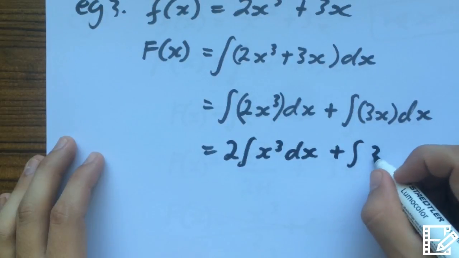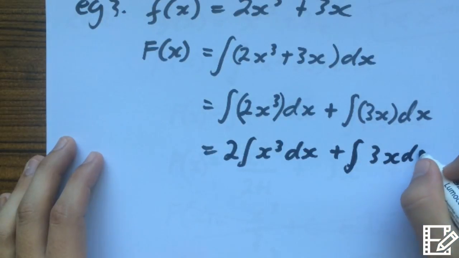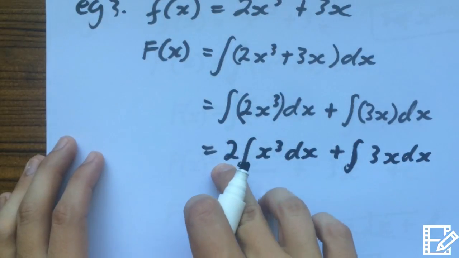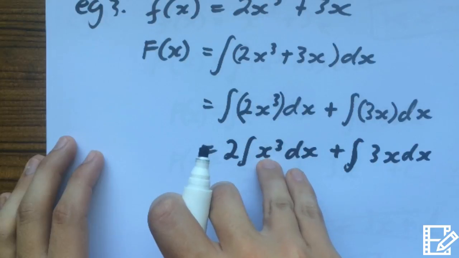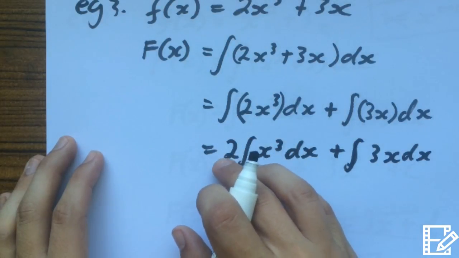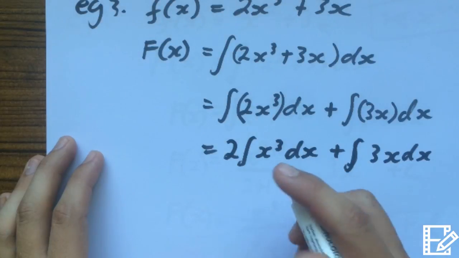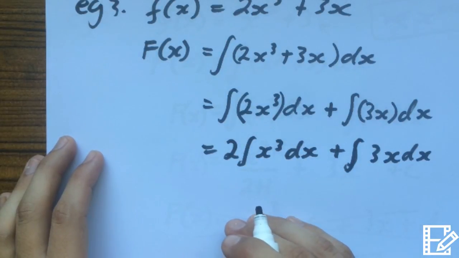And it will look like this. Because we don't want this 2 affecting us when we find the integral of x to the power of 3. So we bring the constant out the front, and when we find the integral of this, we multiply the 2 back in later.